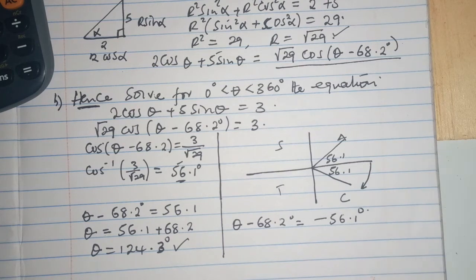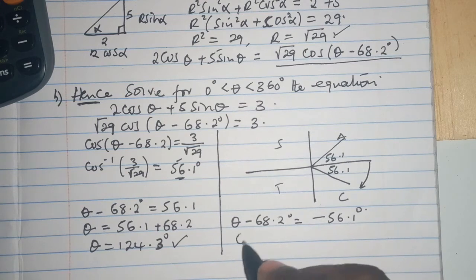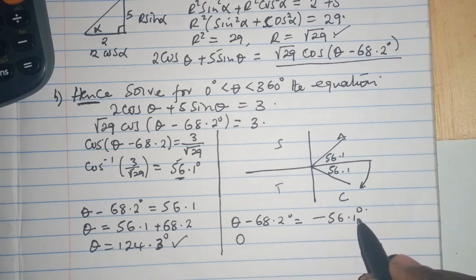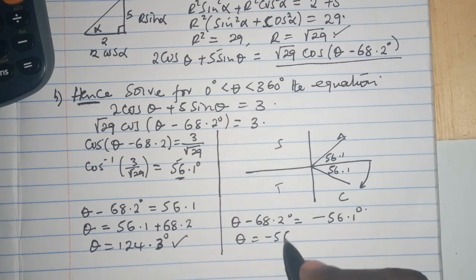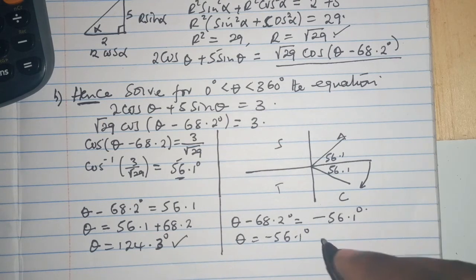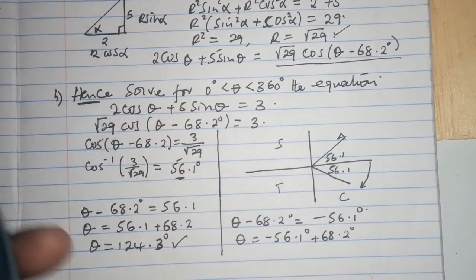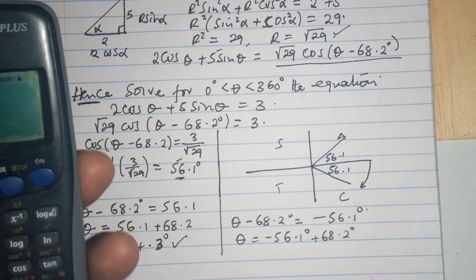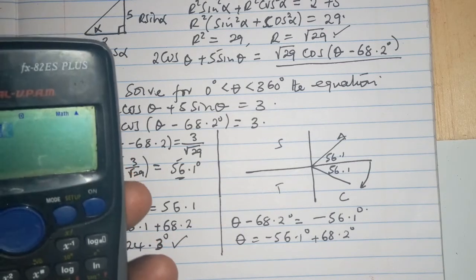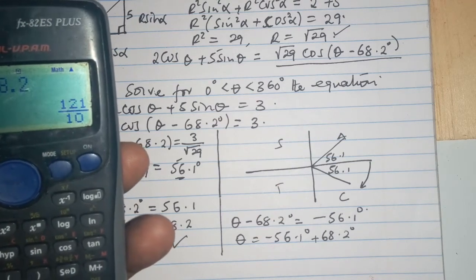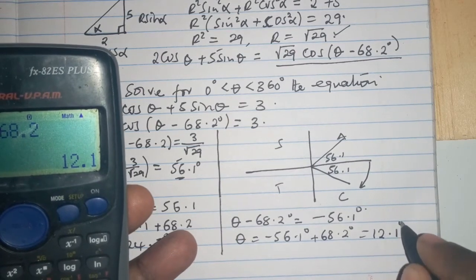This one is not quick to remember, but I want you to look at it this way. If we bring 68.2 across, it will be added. So theta is minus 56.1 degrees plus 68.2 degrees, which is 12.1 degrees.